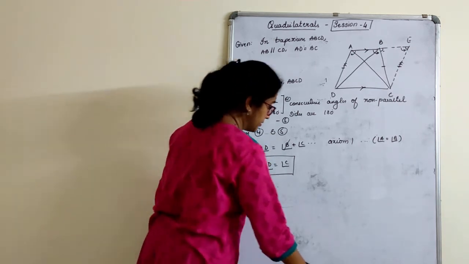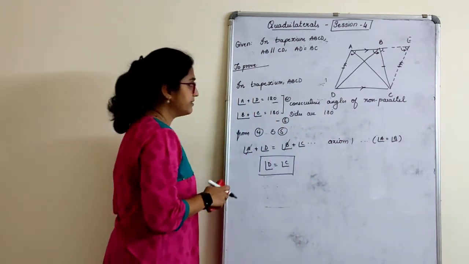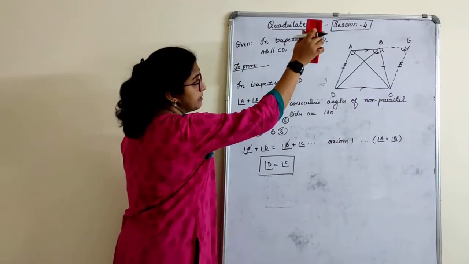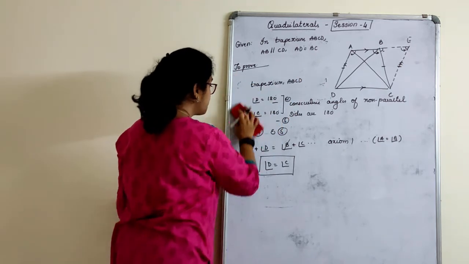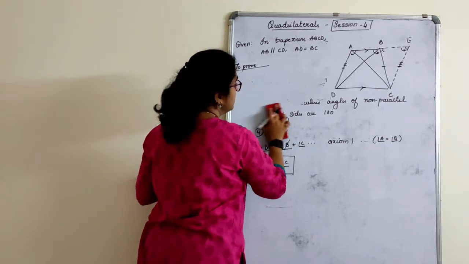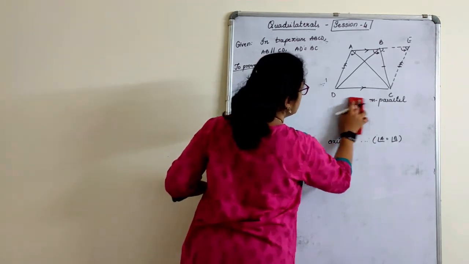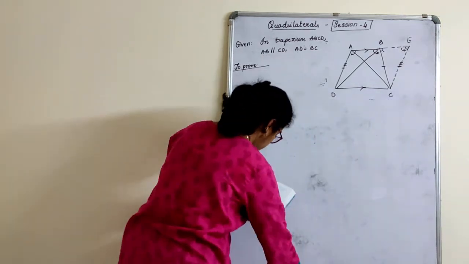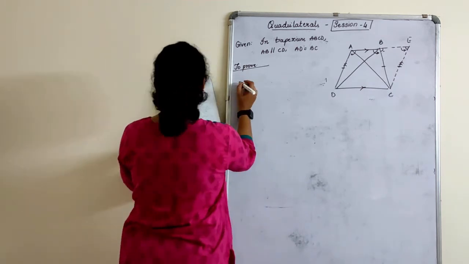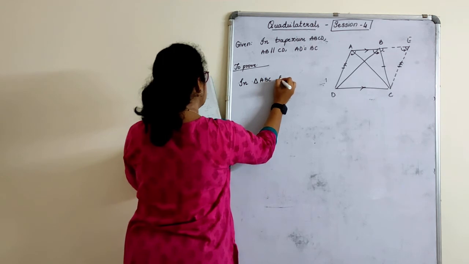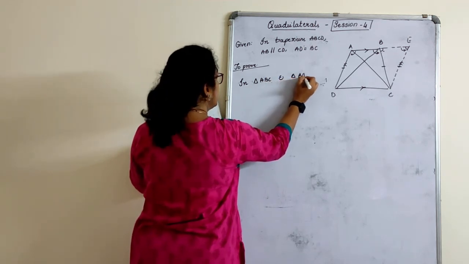Now the last part. So, I'll erase this, and the last part of this what we have to finish now. We have to prove that diagonal triangles are congruent, and if triangles are congruent, we also get the diagonals are equal from CPCT. Now what triangles have they asked? They have asked, last part of the proof, in triangle ABC and triangle BAD.